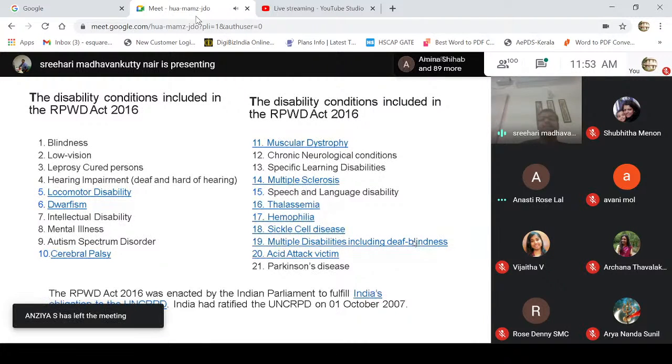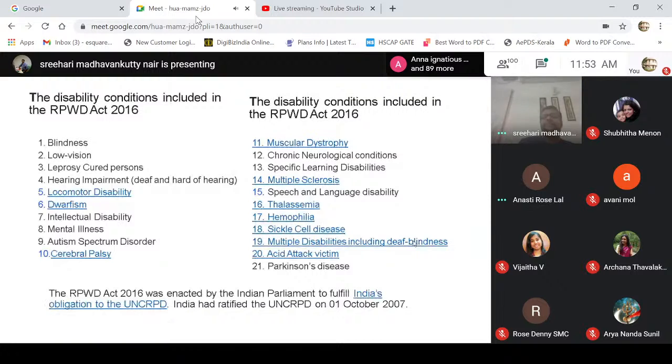Similarly, for sickle cell disease, sickle cell crisis is one of the reasons that the blood flow to joints will be limited, and there can be some bone damage that can cause disabilities.